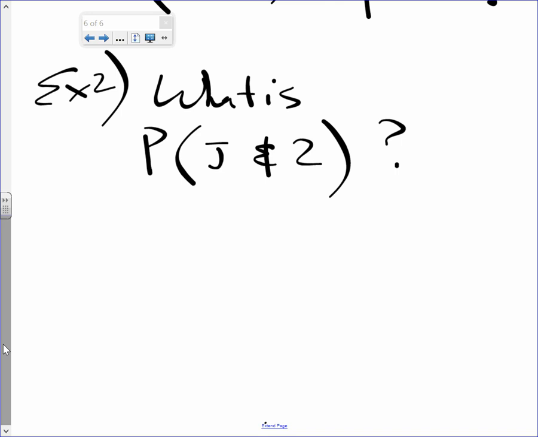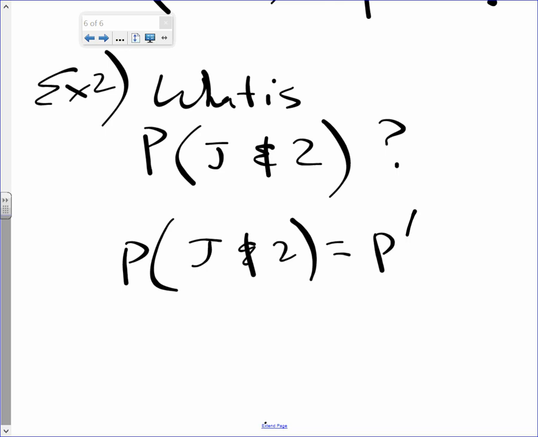So watch this. The probability of getting a jack and a 2 is the probability of getting a jack times the probability of getting a 2. Simple as that. Notice I separate them and I'm just going to multiply them, since they're independent.